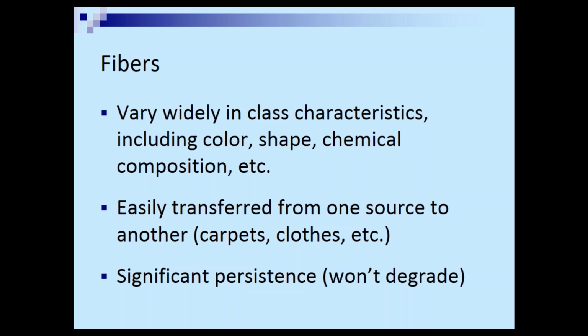Fibers can be shed from that clothing or rope and found at a crime scene, and they can be compared to the item of clothing or the rope that they came from to try to determine whether they have a common origin. All right, so with fibers, we have a lot of class characteristics.